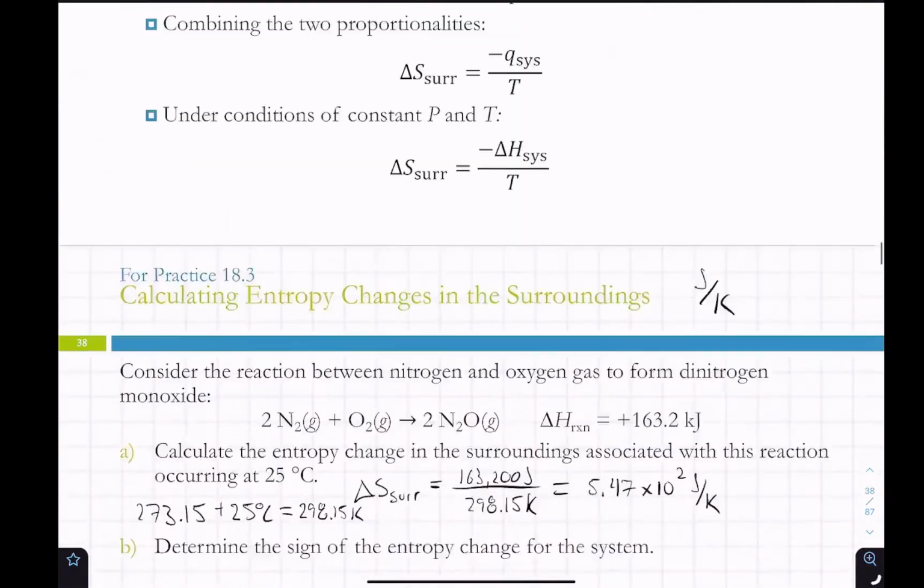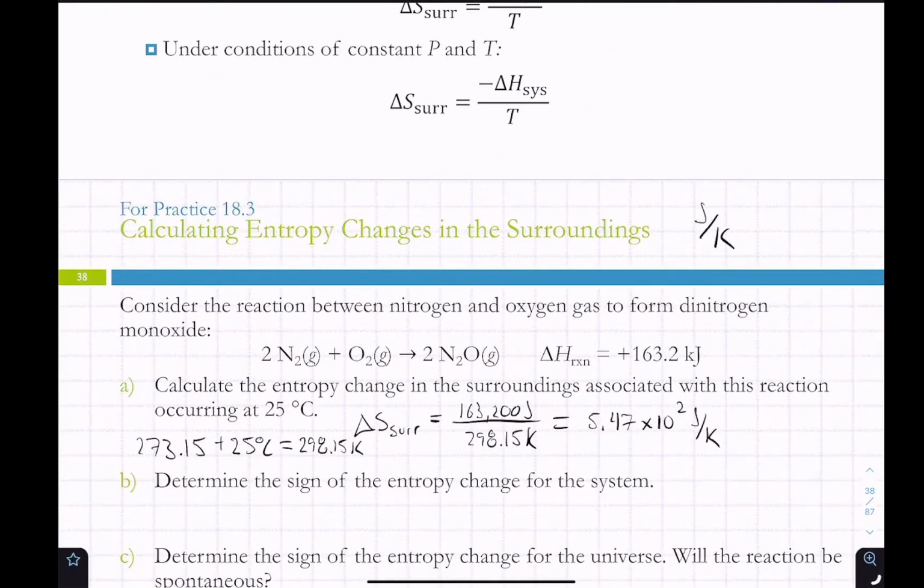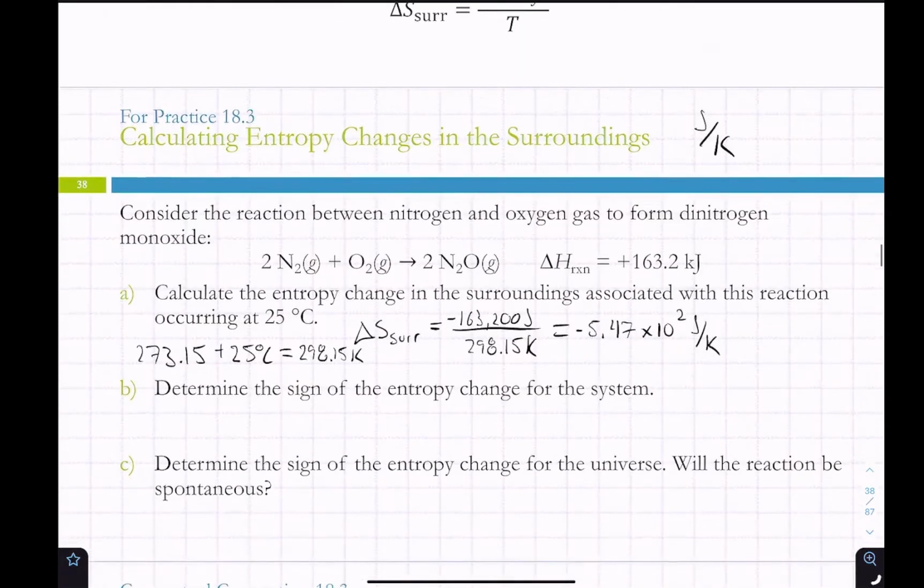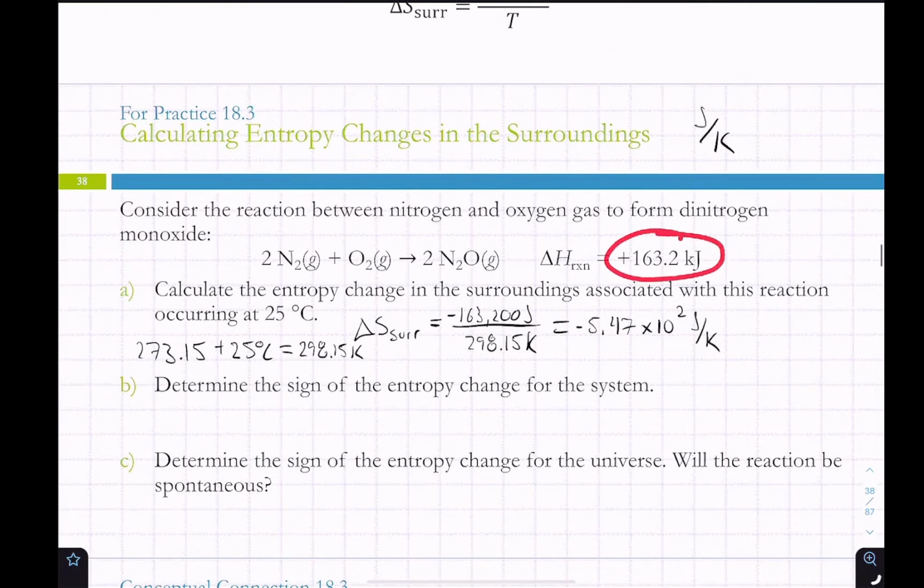Oh wait, I forgot the negative. Negative delta H. So that means that when we plug in delta H, we put that negative on there. Because, well, let me ask a question. Is this an exothermic or endothermic reaction?